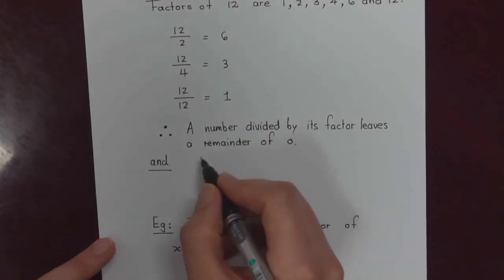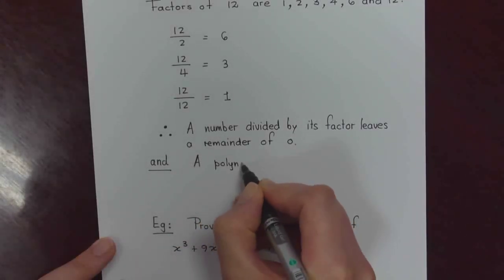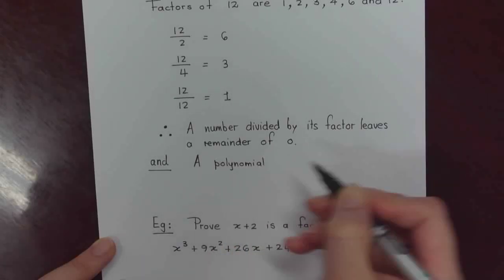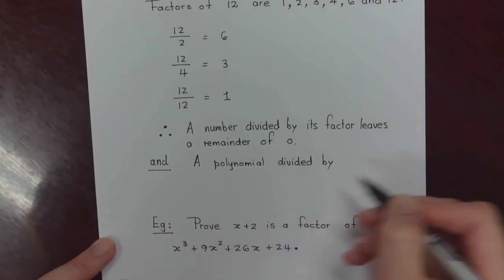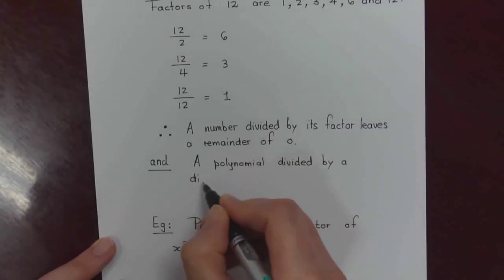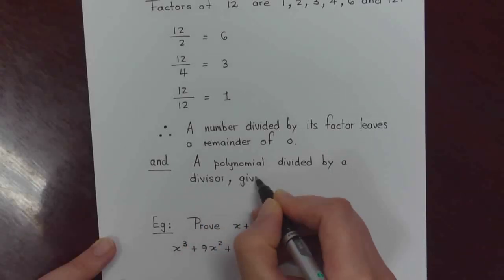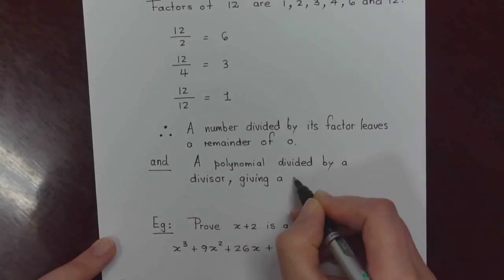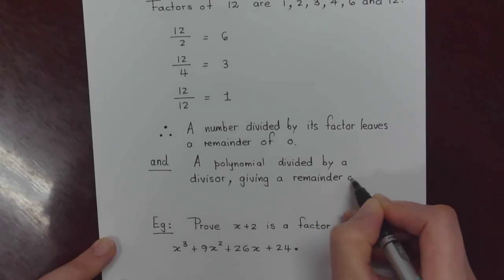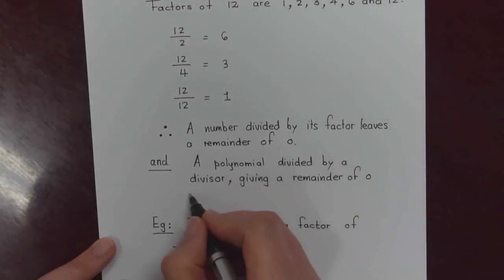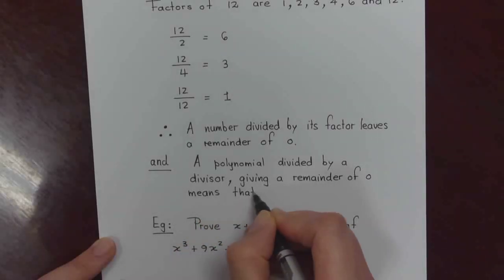A polynomial divided by a divisor giving a remainder of 0 means that the divisor is in fact a factor.